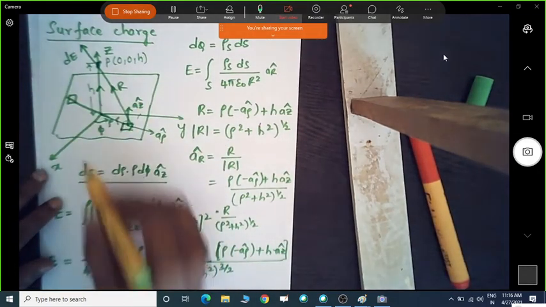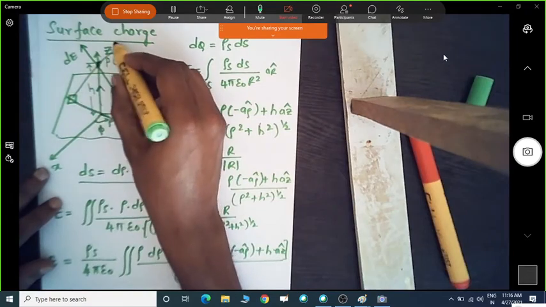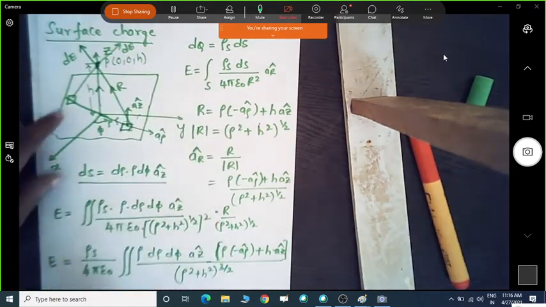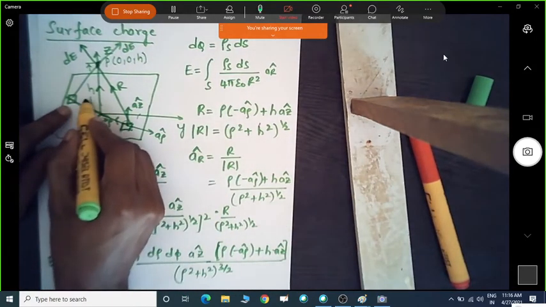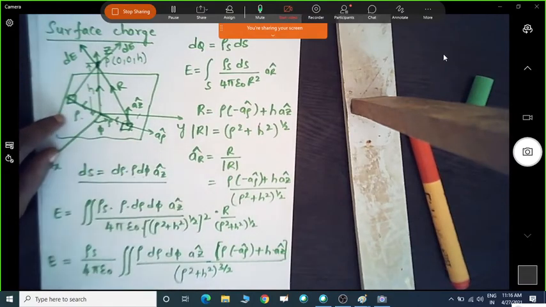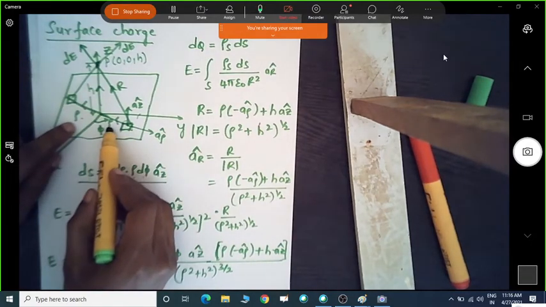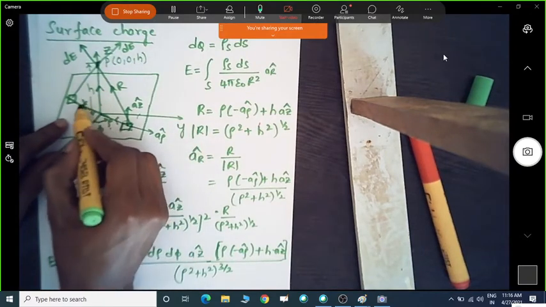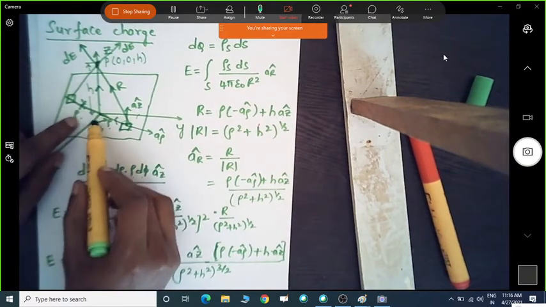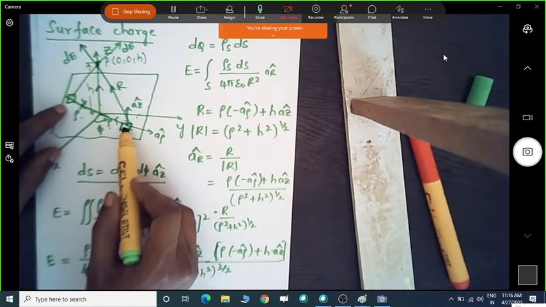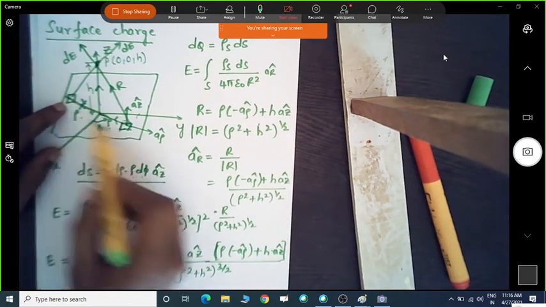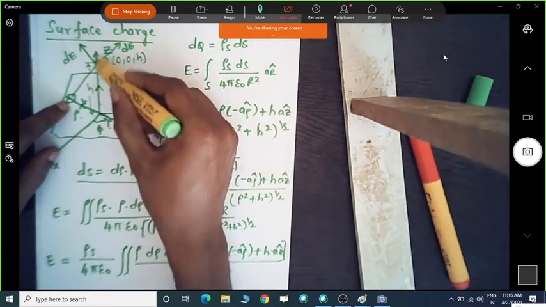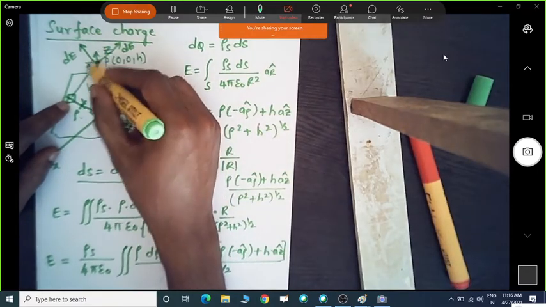consider the electric field due to this one. If I take this again as rho, this component in the z direction, since both are in opposite directions, the rho components for this element and this element cancel each other, and we only have the z component.